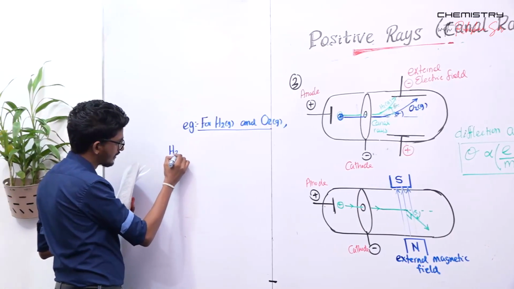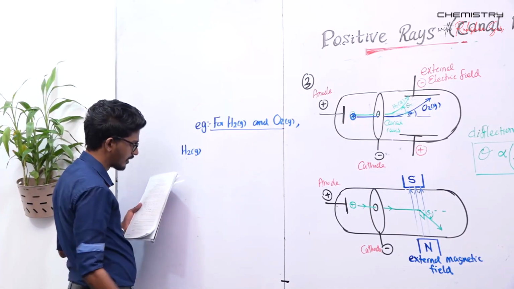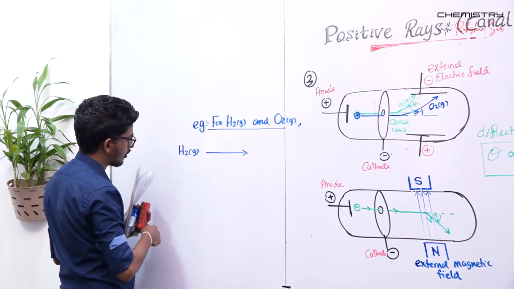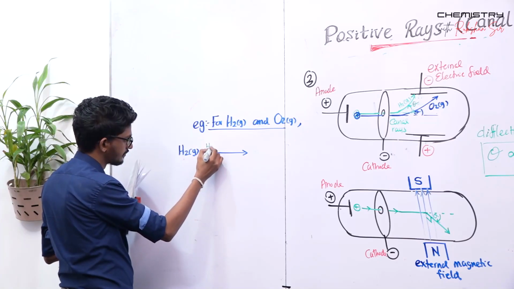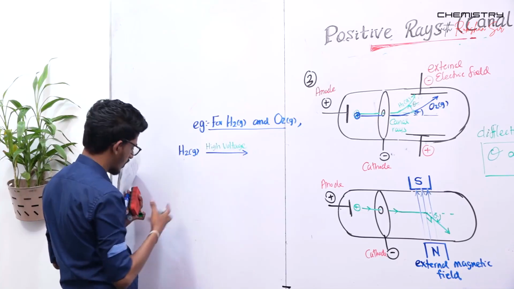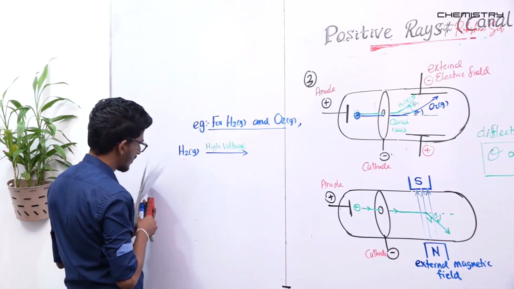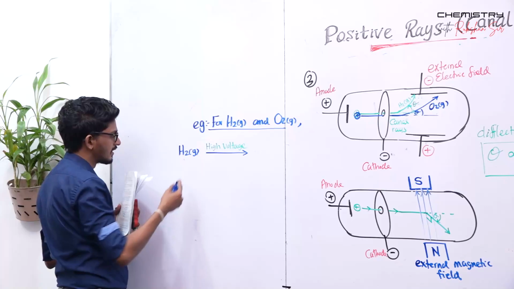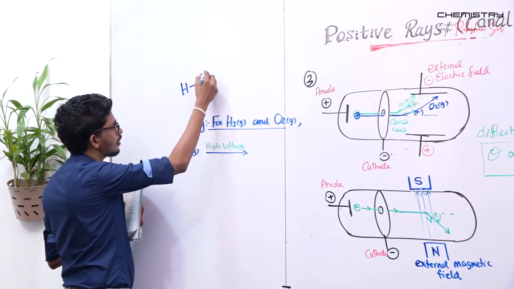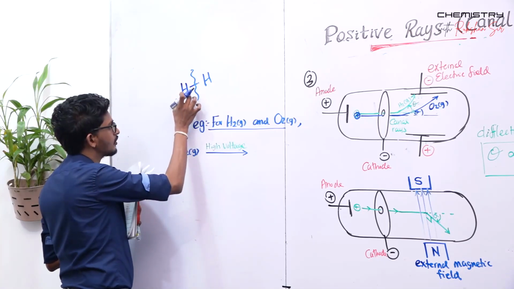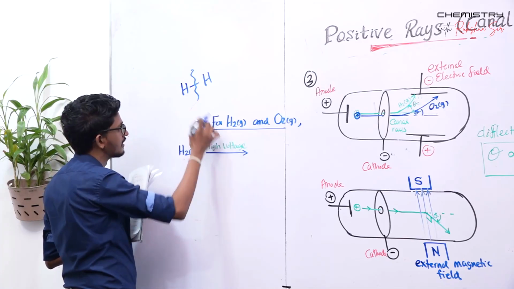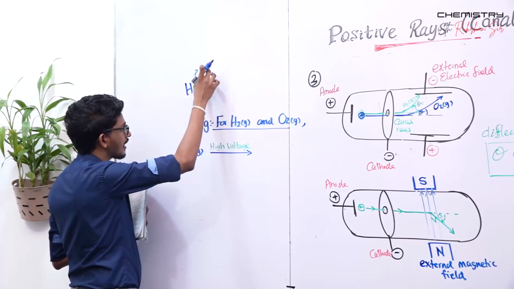When it comes to H2 gas, when you are applying high voltage, first the H2 bond will break and produce atomic hydrogens by applying this electrical energy.